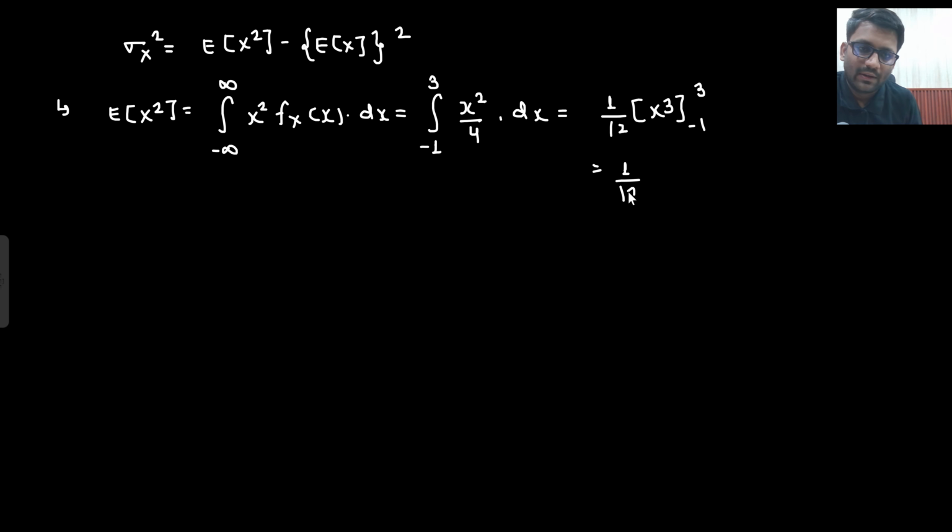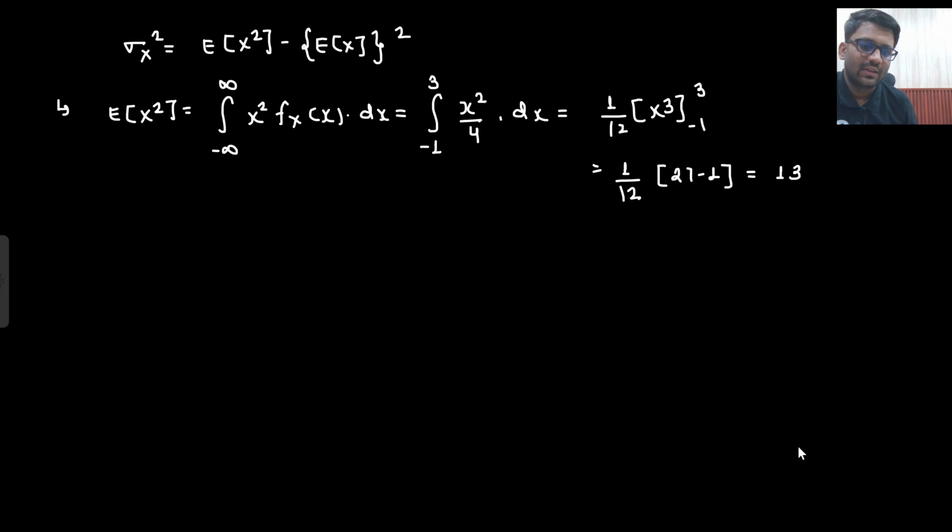So 1 by 12 times 27 minus 1. That is 26 by 12, so 13 by 6.